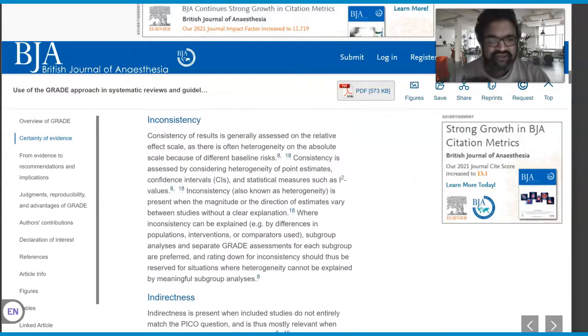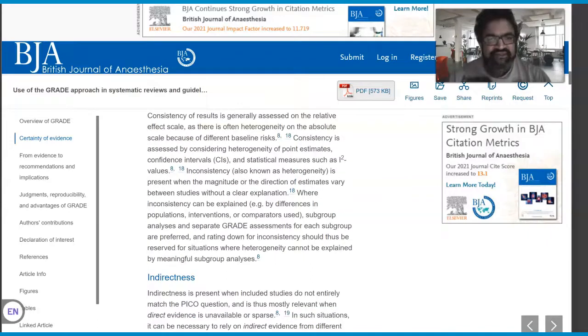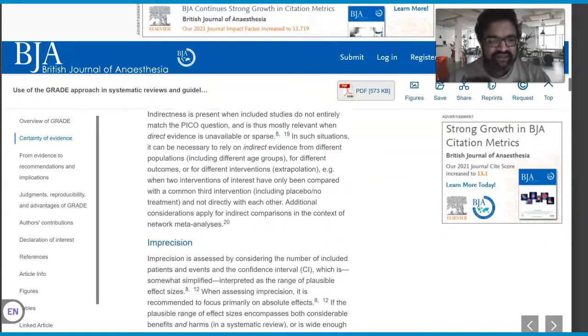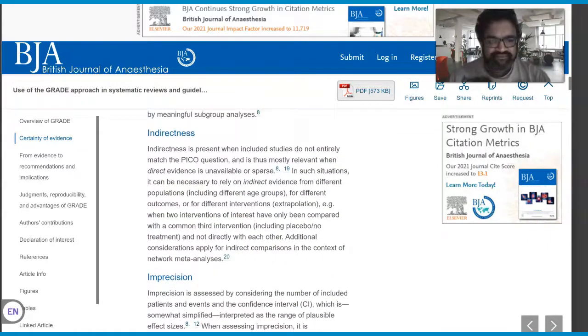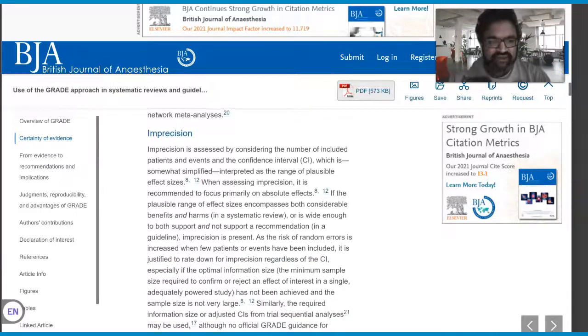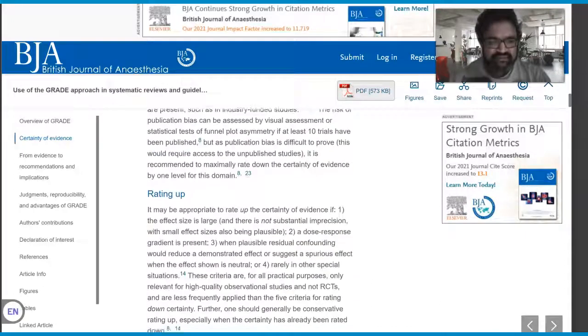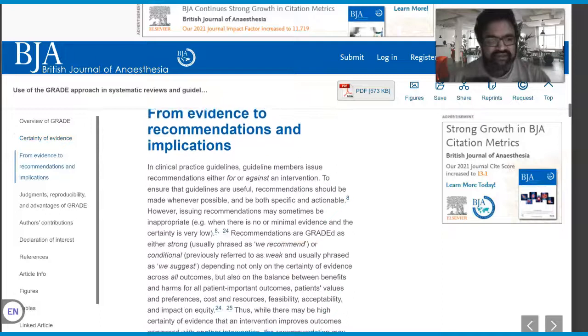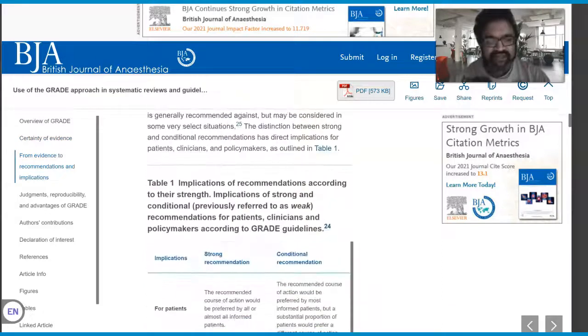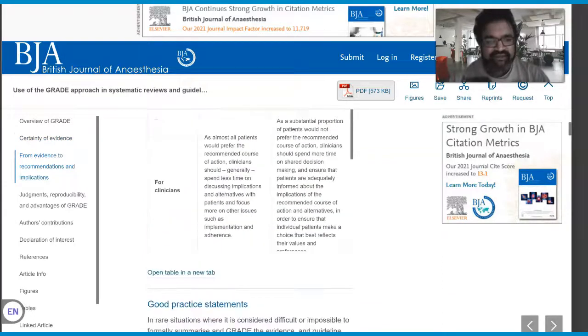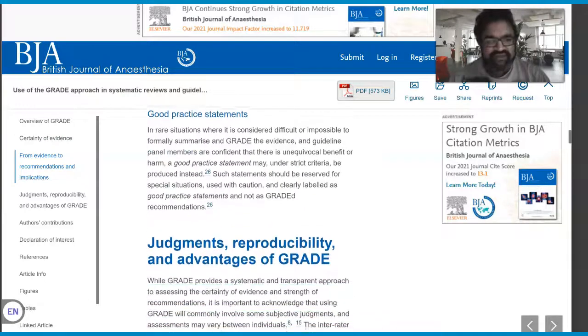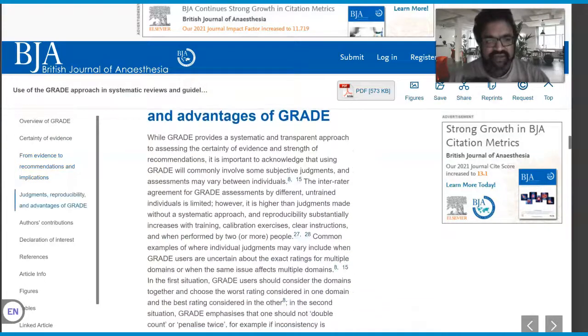Consistency of results is generally assessed on the relative effect scale. Indirectness is present when included studies do not entirely match the PICO. Precision. Publication bias. Evidence to recommendations and implications is included for patients and clinicians, and then good practice statements.